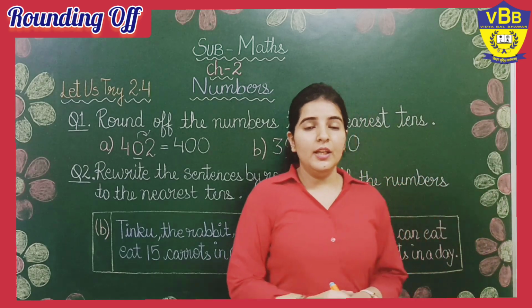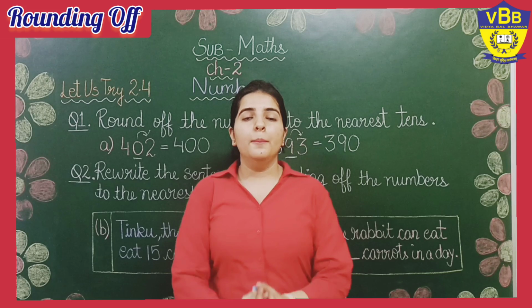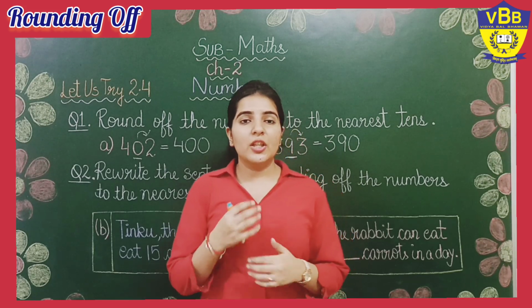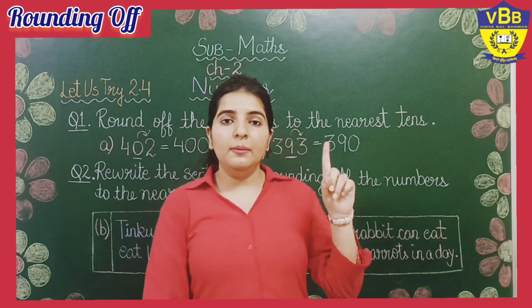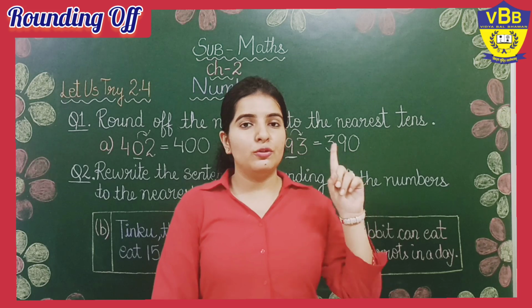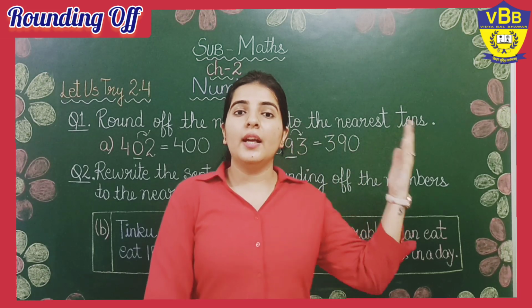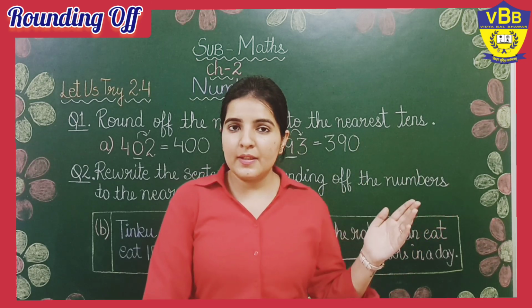Got it everyone? Just remember the simple rule for rounding off numbers. Now quickly repeat the rule with me once again. Find out the place. The first thing is to find out the place. The second thing is to look at the next number.